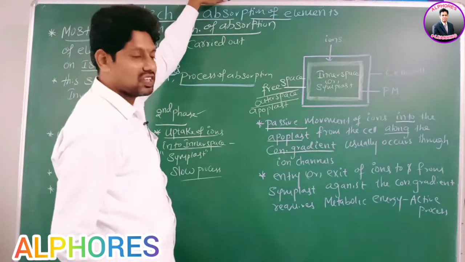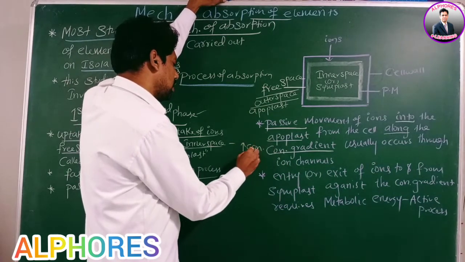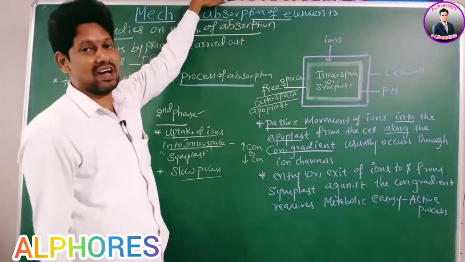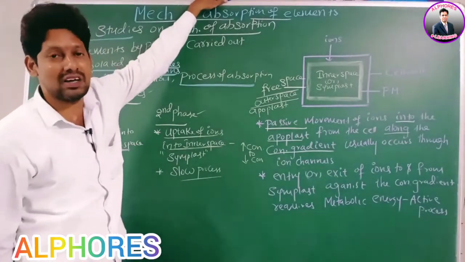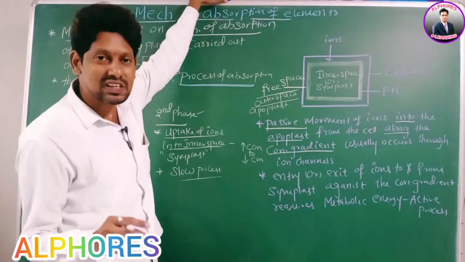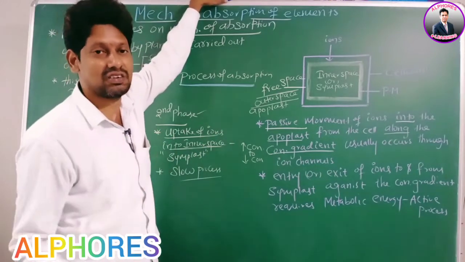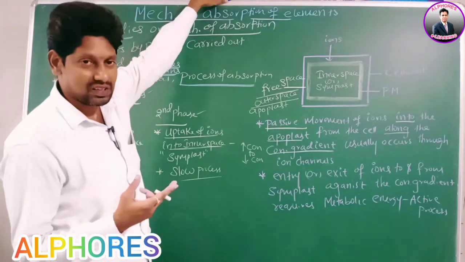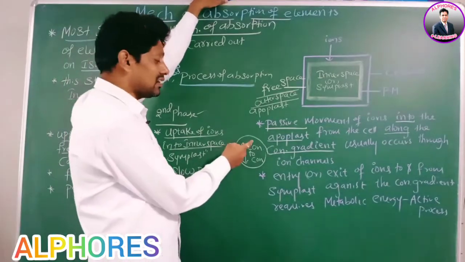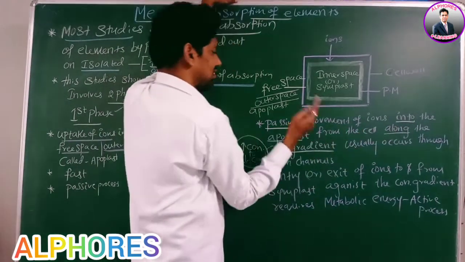Gradient means difference, here a difference in concentration. Movement of ions is from higher concentration region to lower concentration region. So we call it along the concentration gradient.